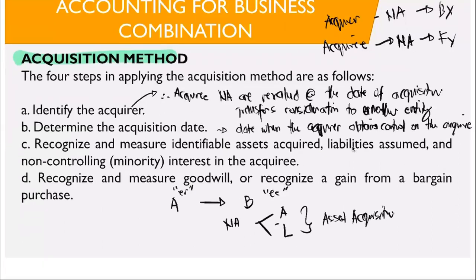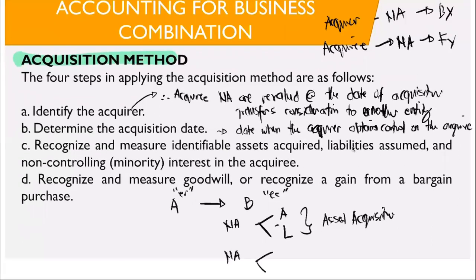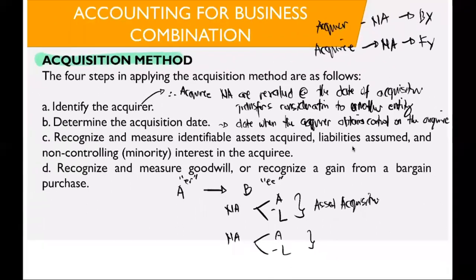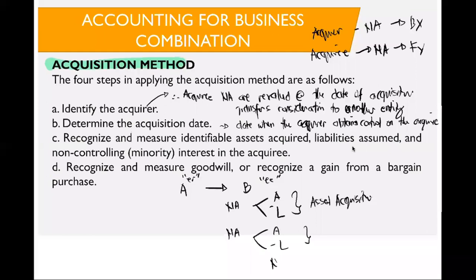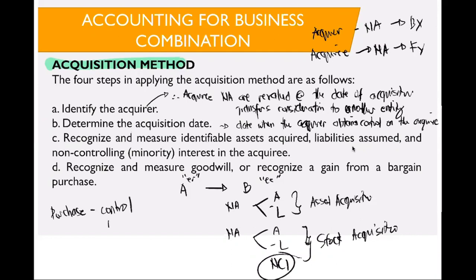If that is a stock acquisition, aside from net asset, that is asset less liability, we also recognize the non-controlling interest. So this happens during stock acquisition. Third question, what is a non-controlling interest? Remember, if you purchase, we only need to look at control. And control means more than 50%.